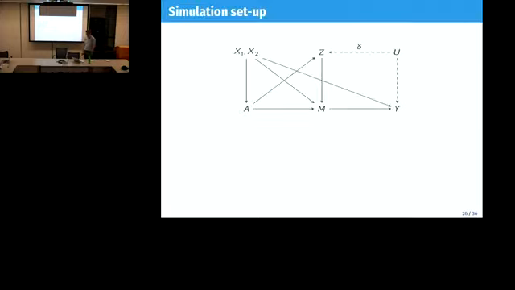Okay, so let me show you some simulations, and then I'll show you some actual application. In this particular example, this is the DAG that we're going to use. We're going to have two baseline covariates, one intermediate covariate, and then an unobserved variable u.